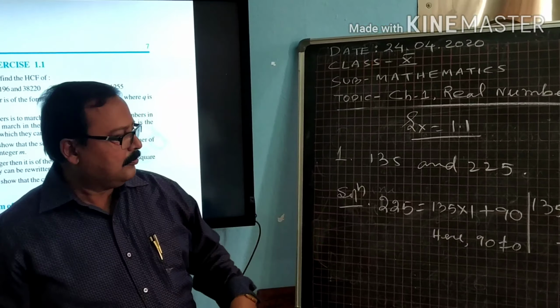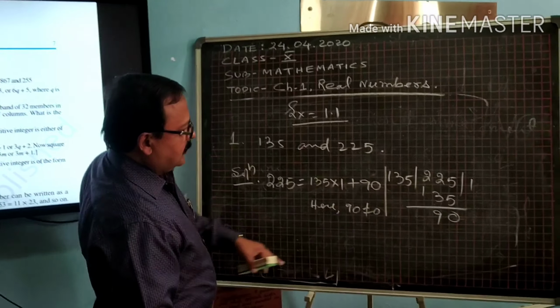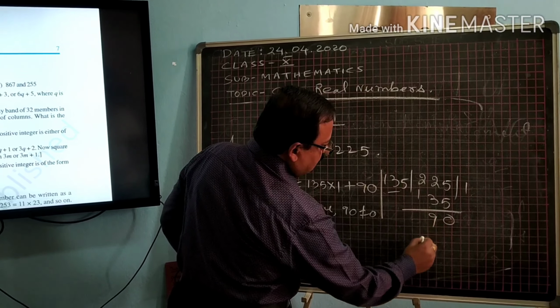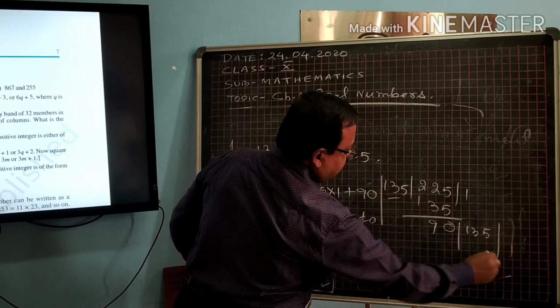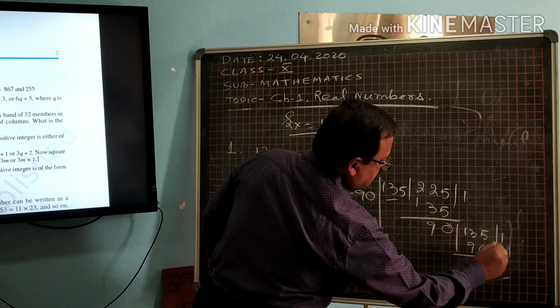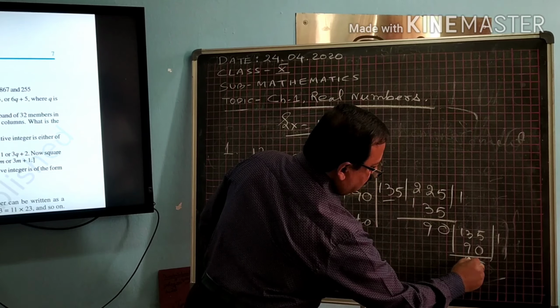That is the method for the algorithm. Then what is the next step? Again, divide 135 by 90. 1 time 90, the remainder is 45.